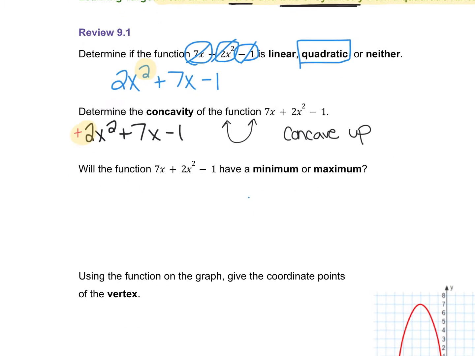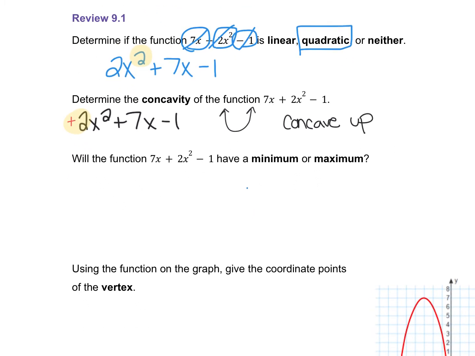The next one is, will the function 7x plus 2x to the second minus 1 have a minimum or maximum? Again, it's the same function, so let's keep that same equation in standard form.